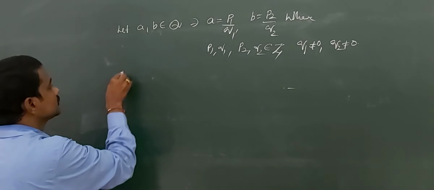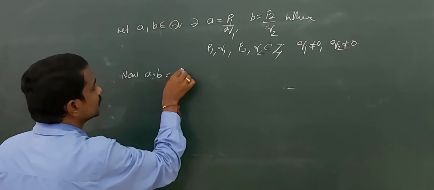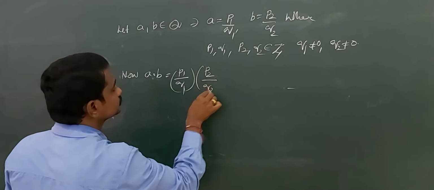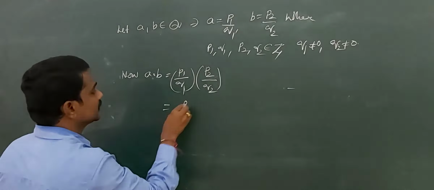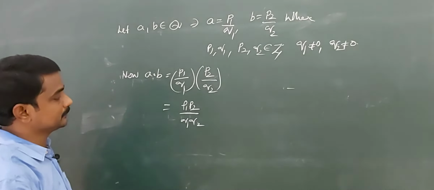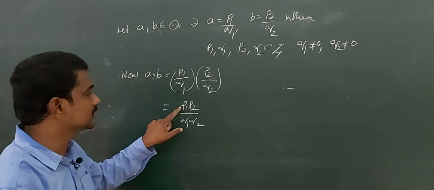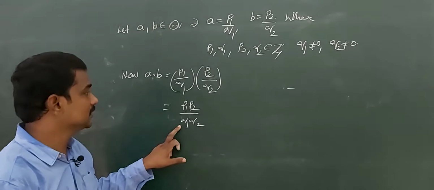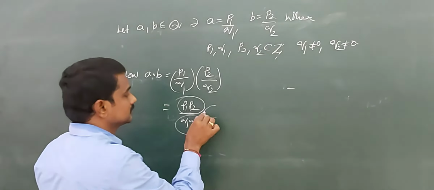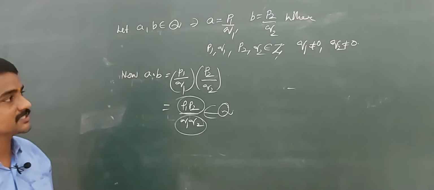Now consider a into b, that means p1 by q1 into p2 by q2, which implies p1 into p2 by q1 into q2. p1, p2 belong to Z. Multiplication is a binary operation on Z, so p1 into p2 belongs to Z, and similarly q1 into q2 belongs to Z. So the total element belongs to Q, so multiplication is a binary operation on Q.